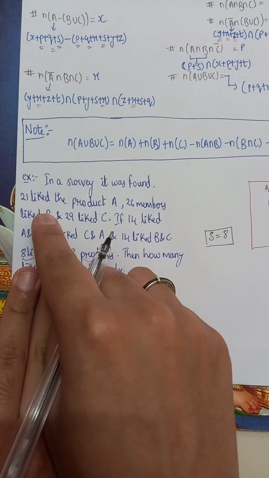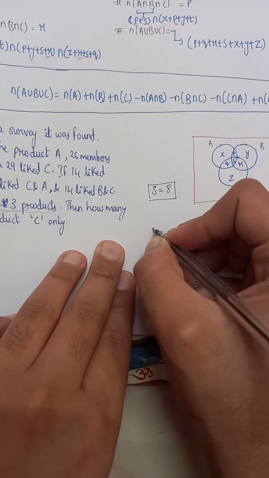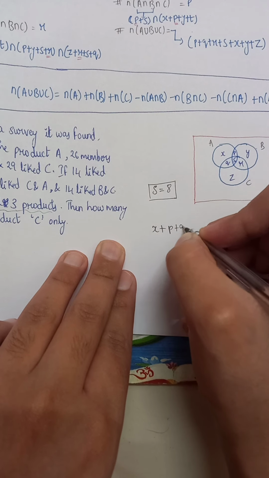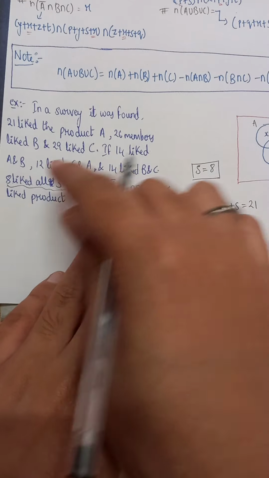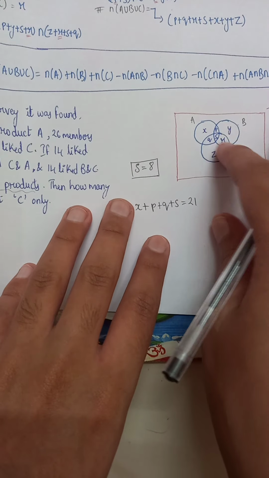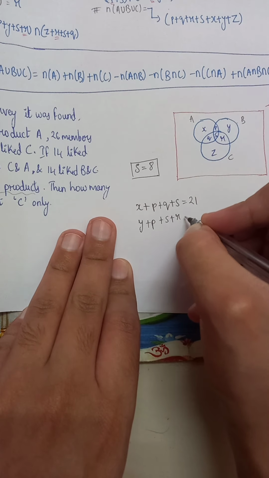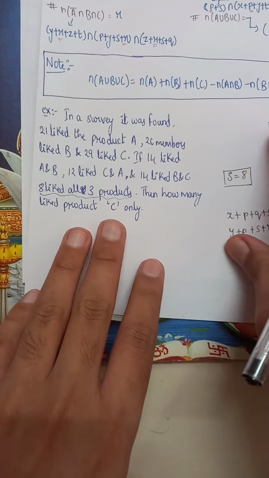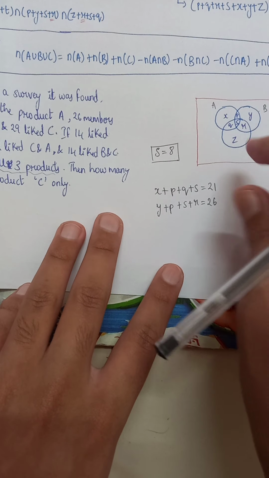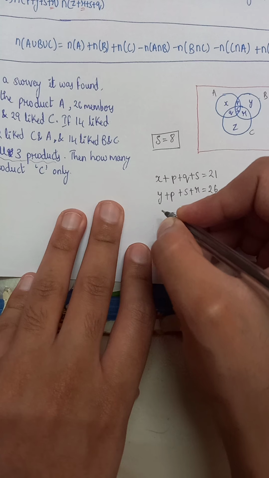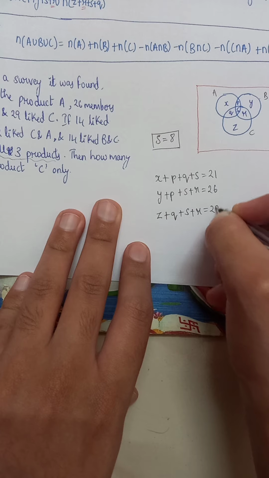In a survey, it was found that 21 members liked product A. What are the elements which come under A? X plus P plus Q plus S is equal to 21. 26 members liked B. The elements under set B: Y plus P plus S plus R is equal to 26. 29 liked C. The elements under set C: Z plus Q plus S plus R is equal to 29.